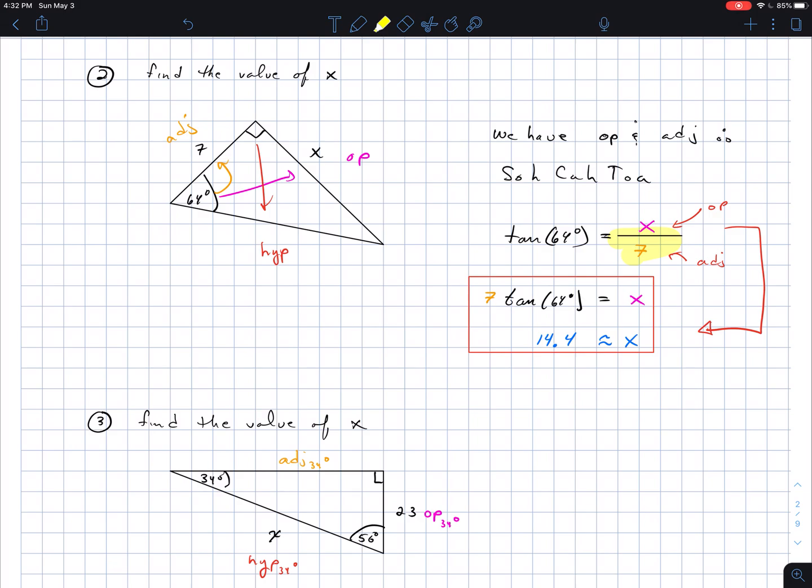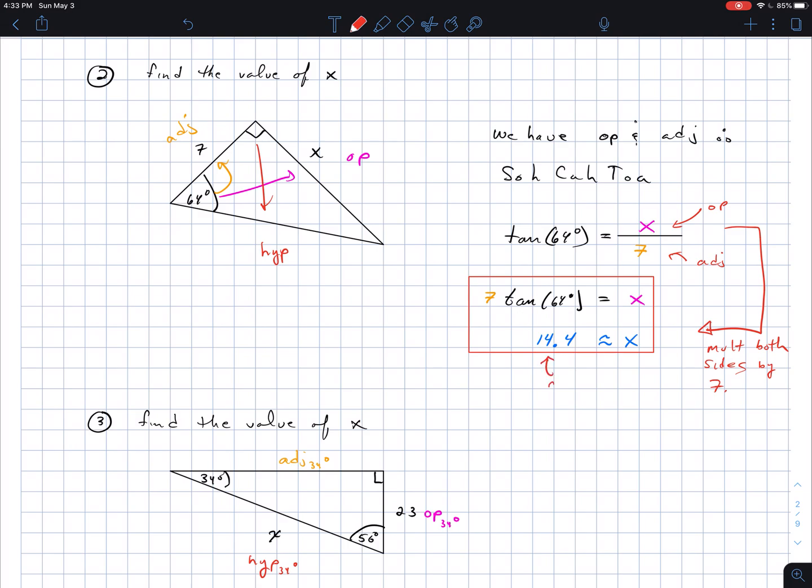Well, if you're dividing by 7, you simply multiply both sides by 7. So all we did was multiply both sides by 7. And again, we have the two solutions, an exact solution and an approximate solution.